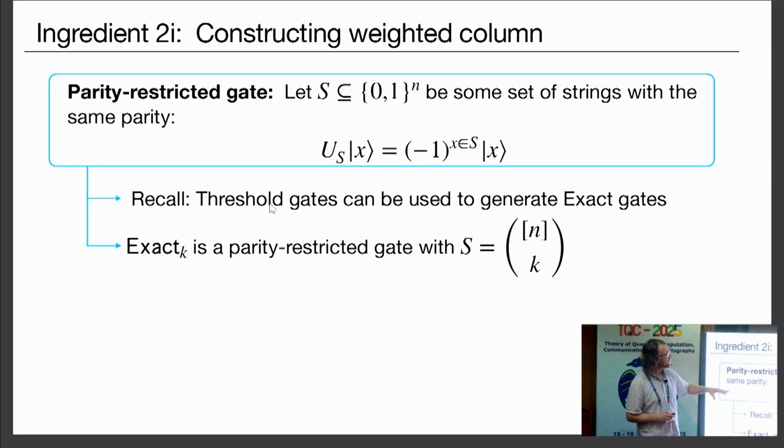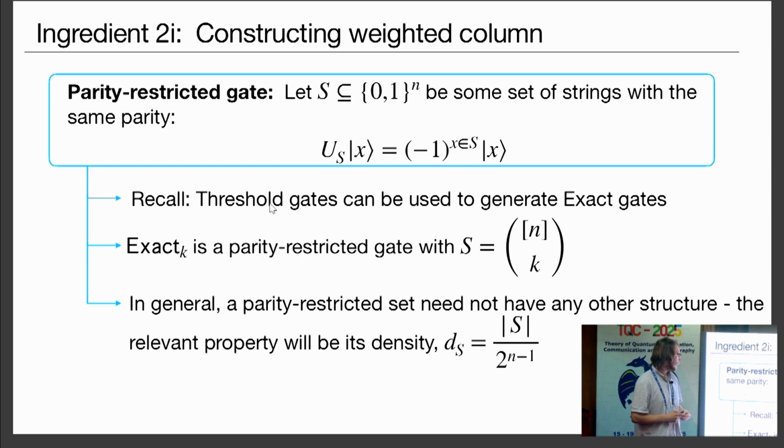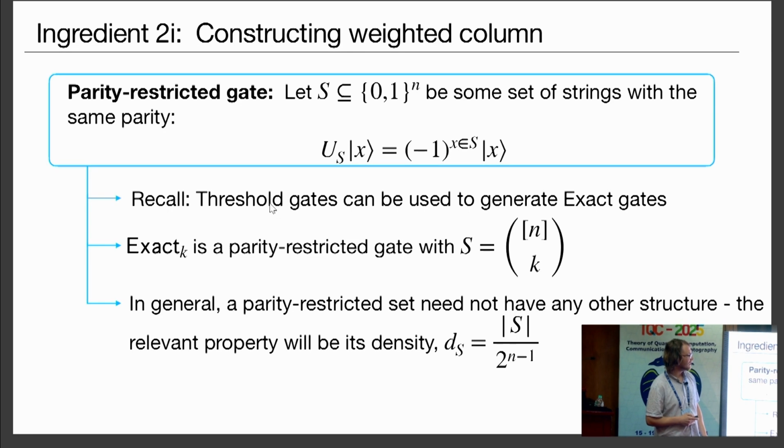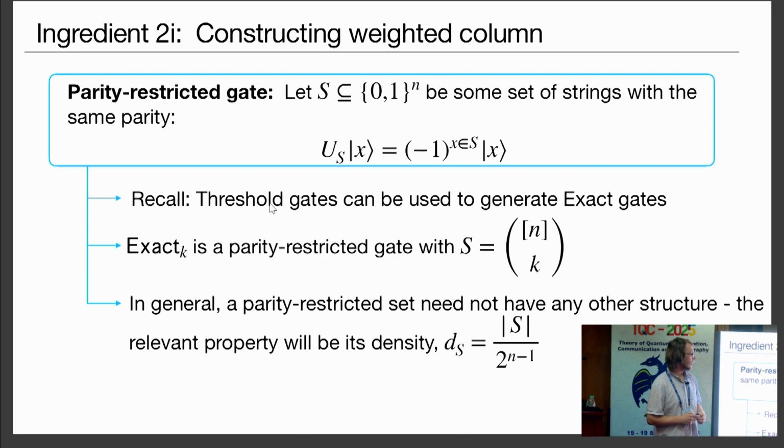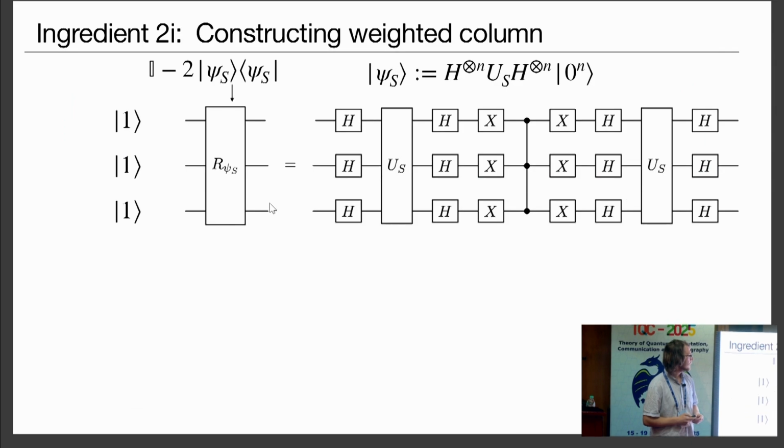So this is some sort of generalization of these threshold and exact functions. It turns out that the only property we need these sets S to have is to be sufficiently large, so sufficiently dense in the Boolean cube that they occupy, and for them to be parity restricted.